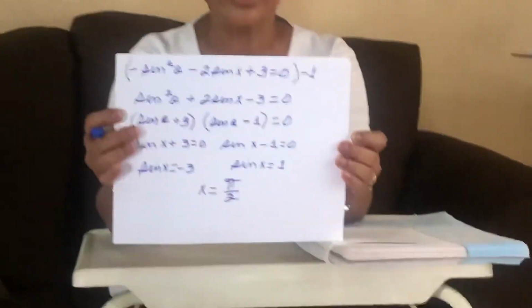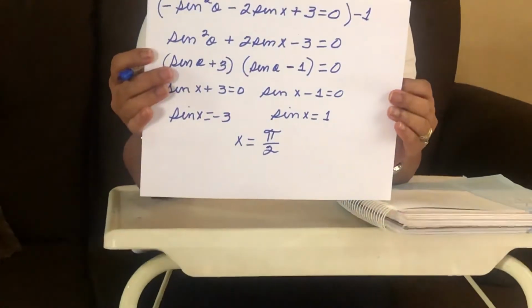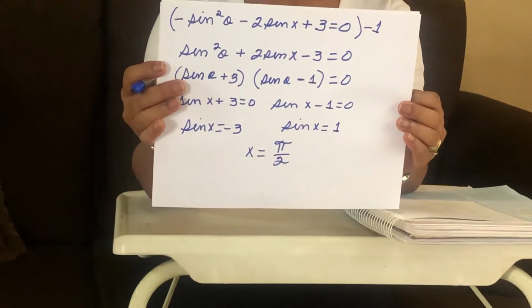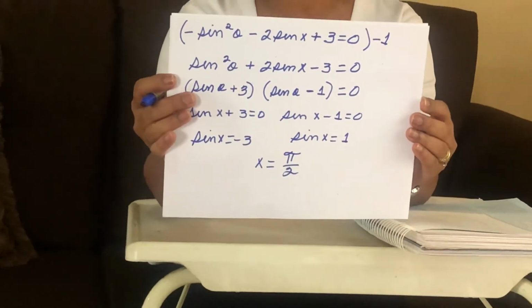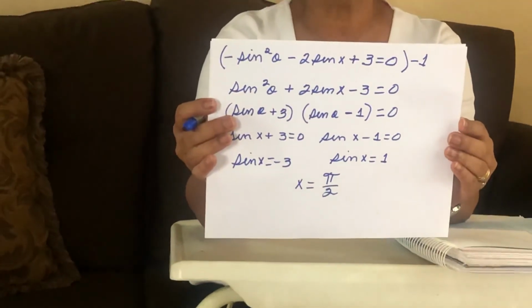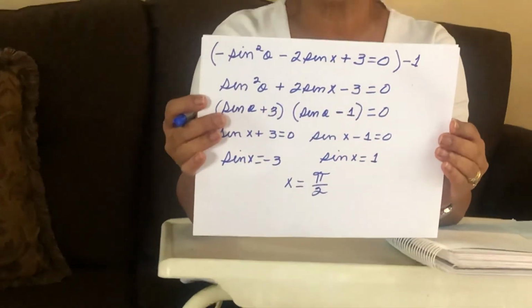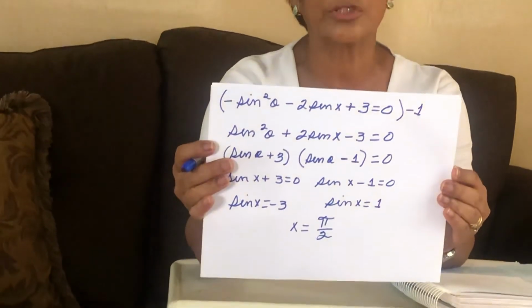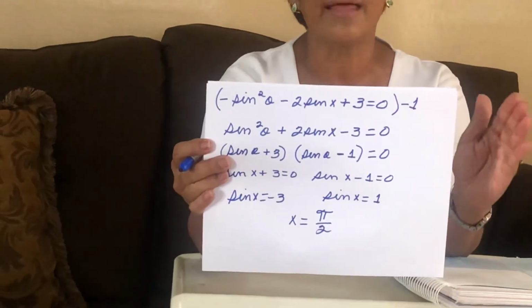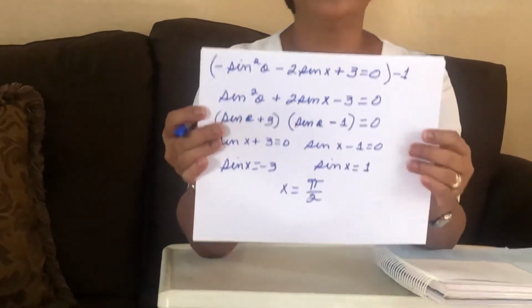So the correct answer here will be x equals pi half. Where does this pi half come from? It comes from the unit circle, in which sine of x equal to 1 is pi over 2. Why don't we take negative 3? Because negative 3 is not allowed within the trigonometric equations, because sine values cannot go beyond the range.